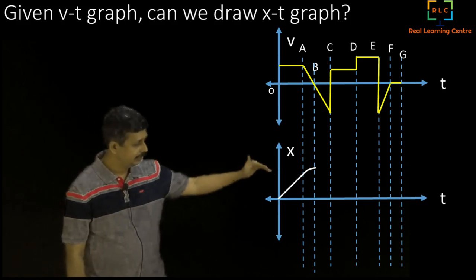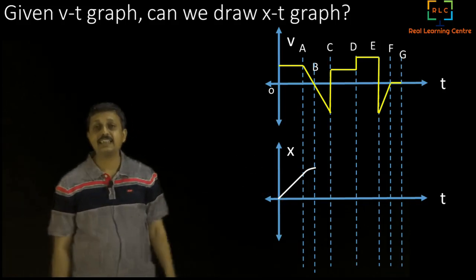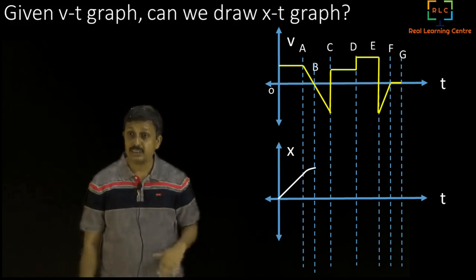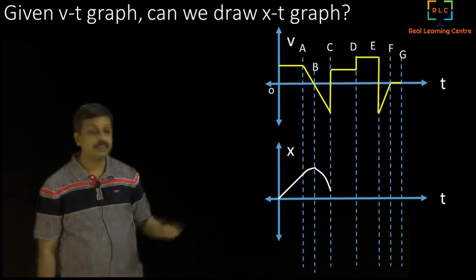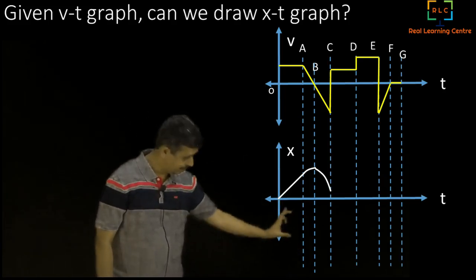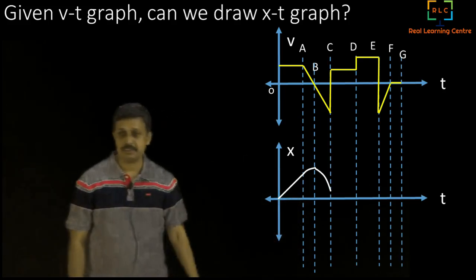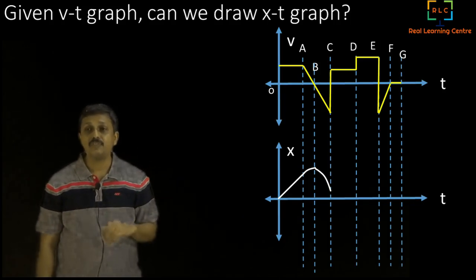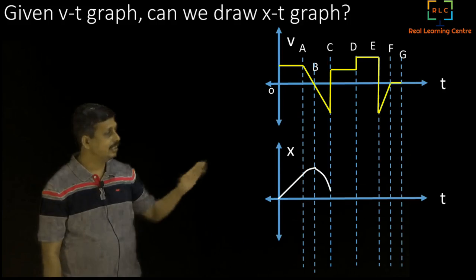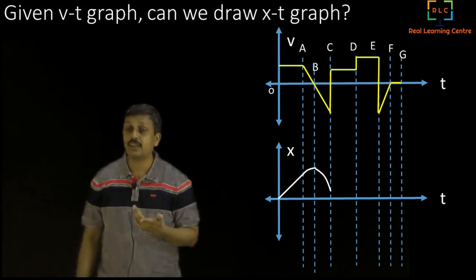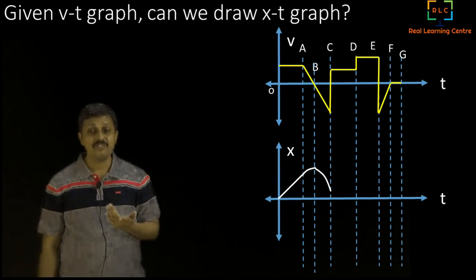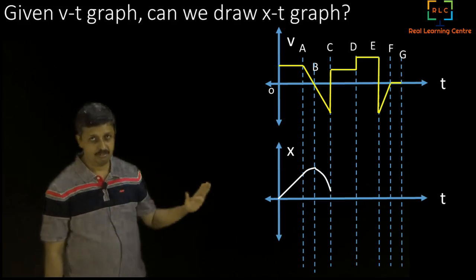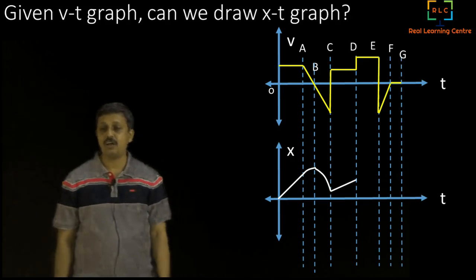When x is decreasing, the slope is continuously increasing, so it is like this. The slope is increasing and towards the end it is steeper. Once it reaches a certain point, we have a constant velocity. Constant velocity means a linear slope, so we can draw this one.